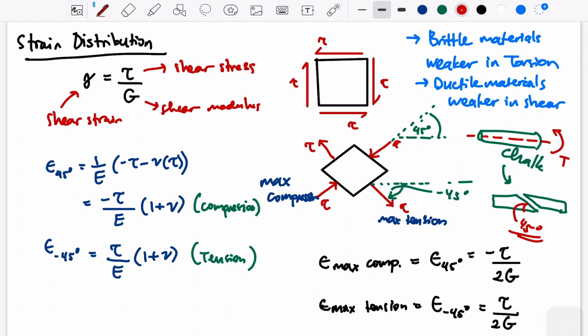If you ever take chalk and try torsion, you will see that it will break into these two pieces, and this angle will be 45. That is how we visualize this 45. That's the maximum value that we ever have, the possible value if we try to give torsion to chalk.